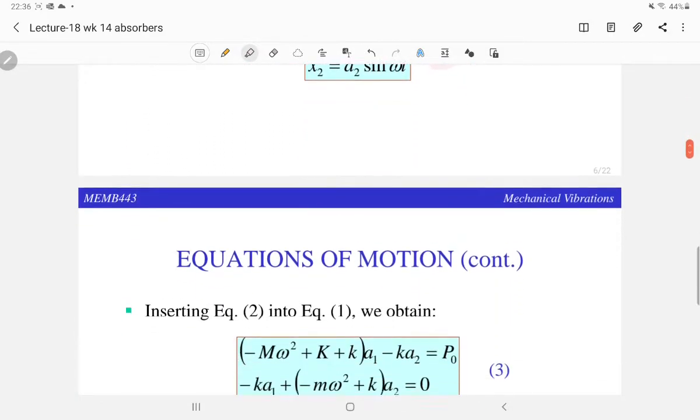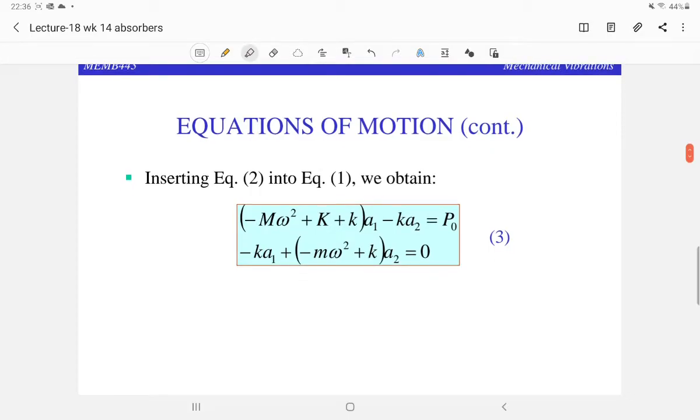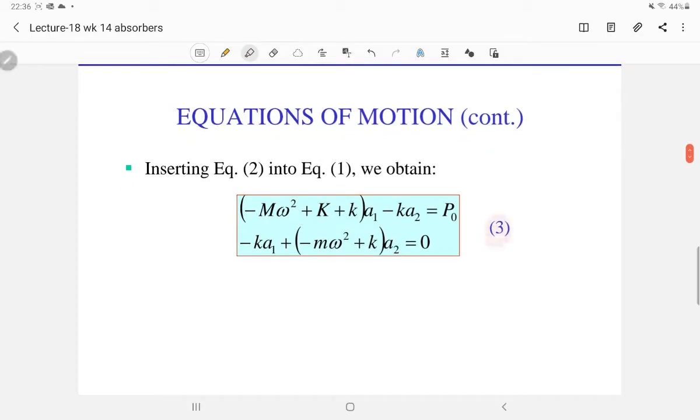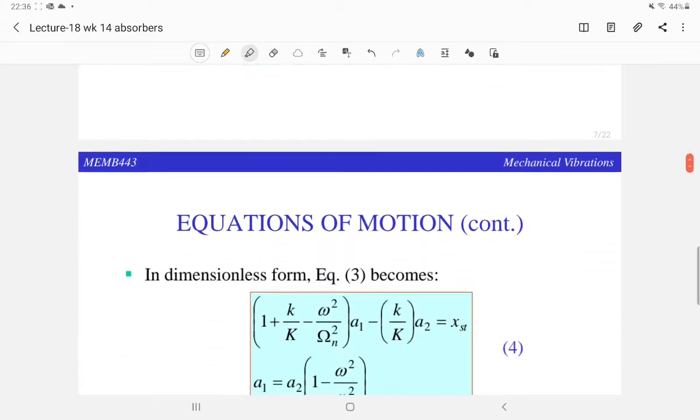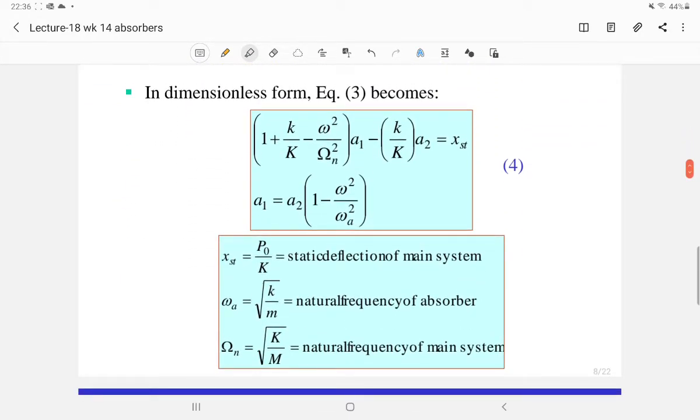After that, you insert equation 2 into equation 1, you get equation 3. When you rearrange the terms, you will get it in dimensionless form as in equation 4. So let us define some of the parameters.